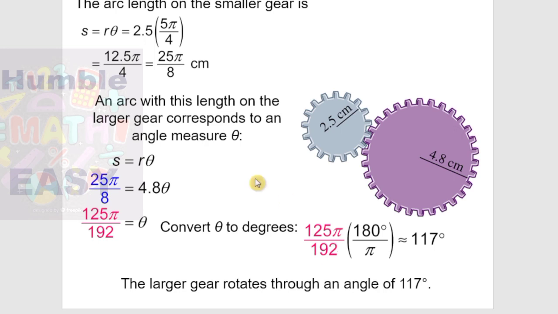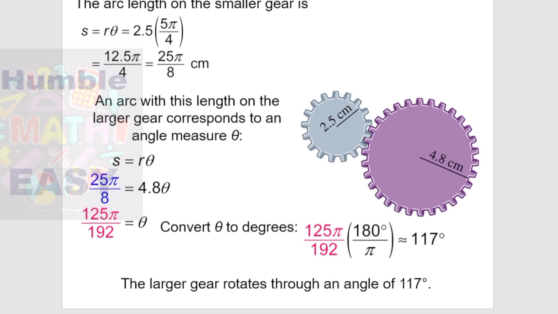Since the radius of the smaller gear is 2.5 centimeters, we replace 2.5 times 5 pi over 4. So 2.5 times 5 is 12.5, then pi over 4. So we now have here 25 pi over 8 centimeter.